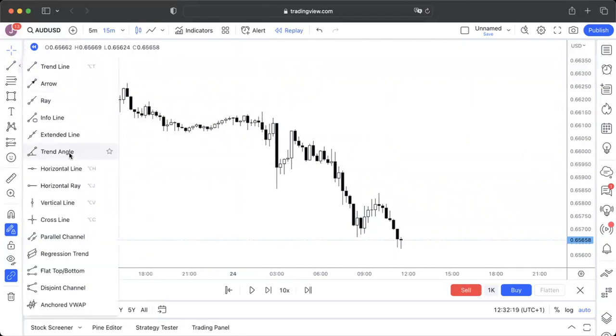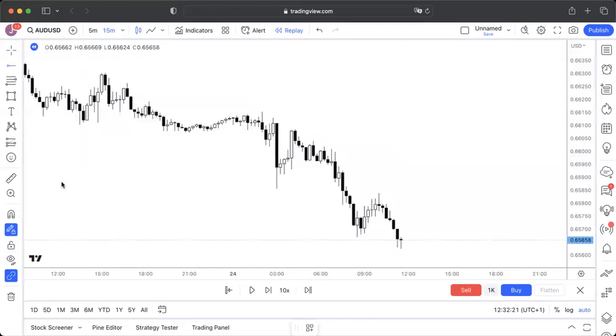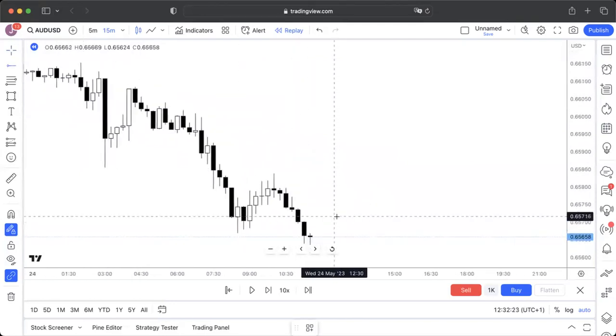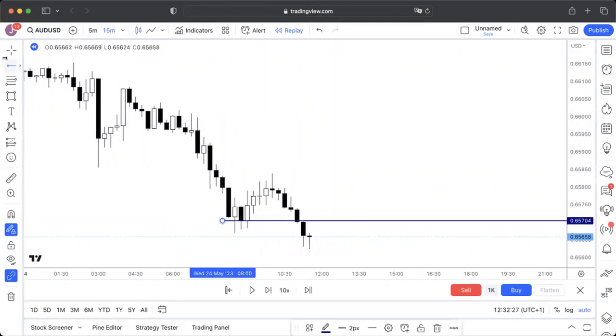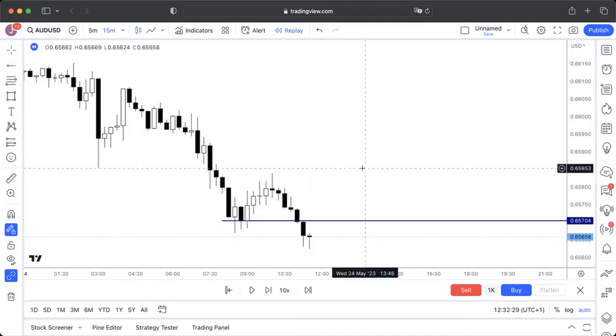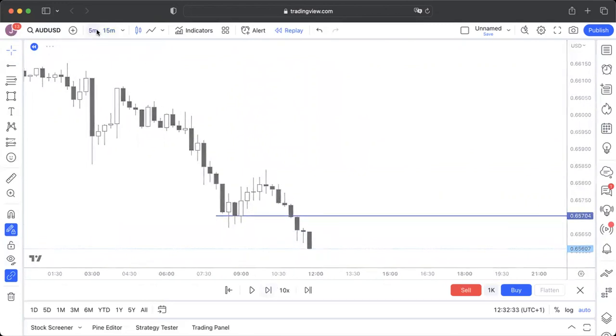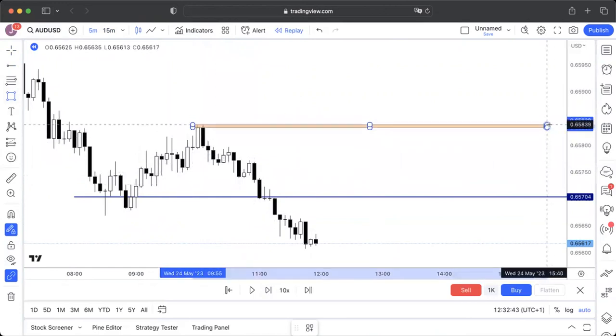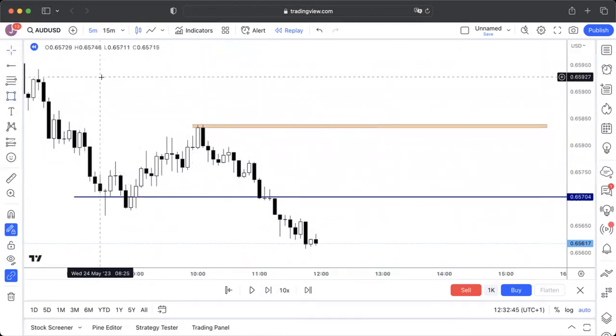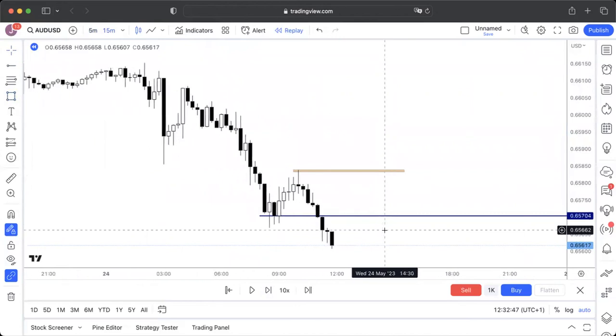We'll open our horizontal ray and place it at the candle closes of the broken structure. We will then look to the 5-minute for a deep test zone. As you'll remember from the deep test zone video, there are lots of regions where we could place the deep test zone on this chart. So we'll go simply for the start of the structural push. And from there, we have a setup.